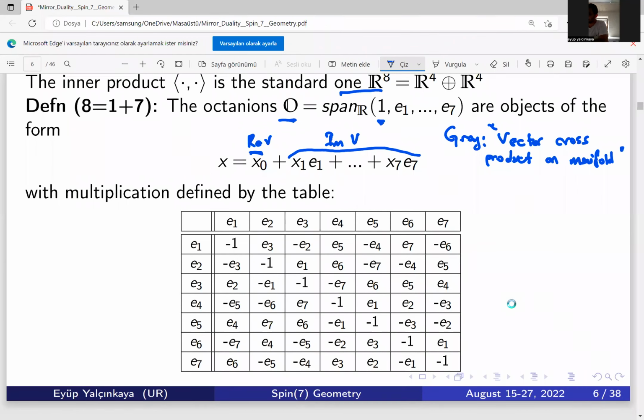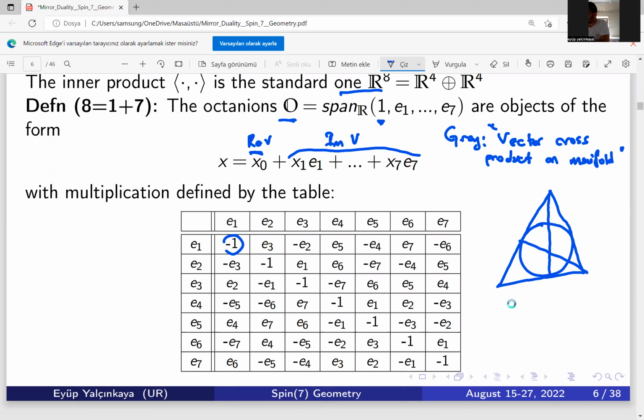Again, there's lots of similarity between quaternions and octonions. e1 squared is minus 1, e2 squared is minus 1 also, but the rest we have to memorize. Or there is another triangle and circle way to memorize here.